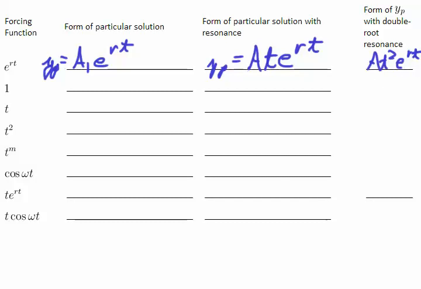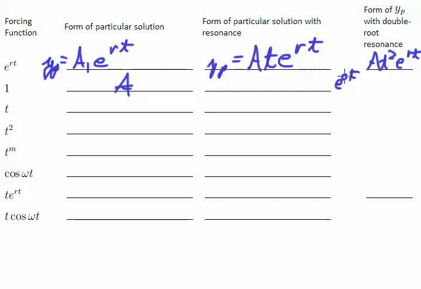Alright, the others are going to be a little bit simpler. If we've got a forcing function that is a constant, we have a constant for the particular solution. And actually we could have a particular solution with resonance, because we might have e to the 0t.